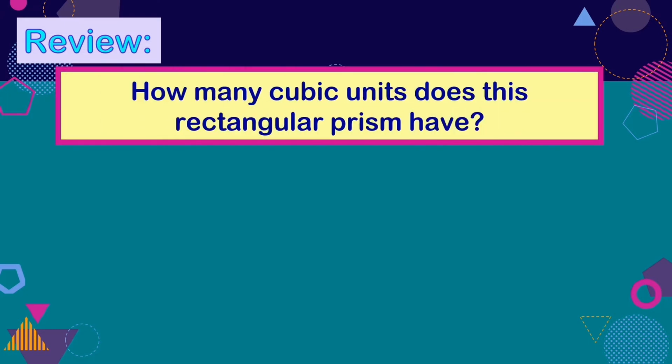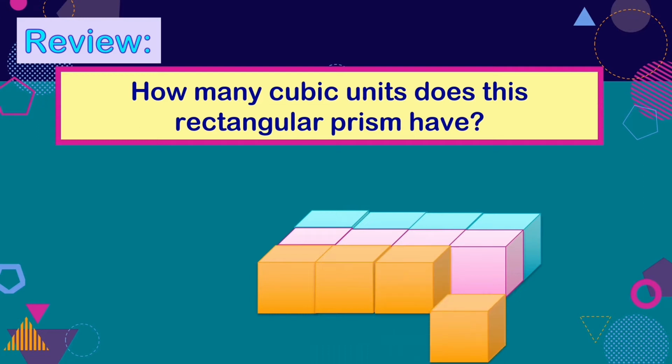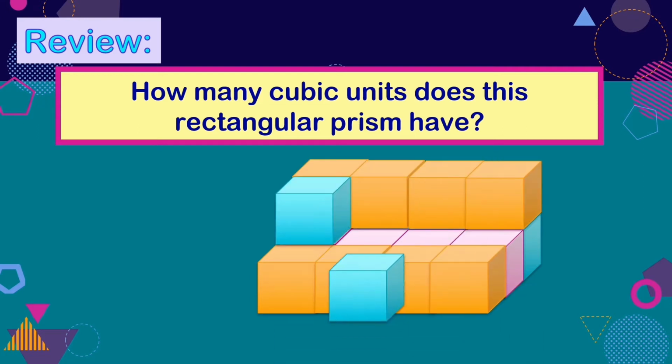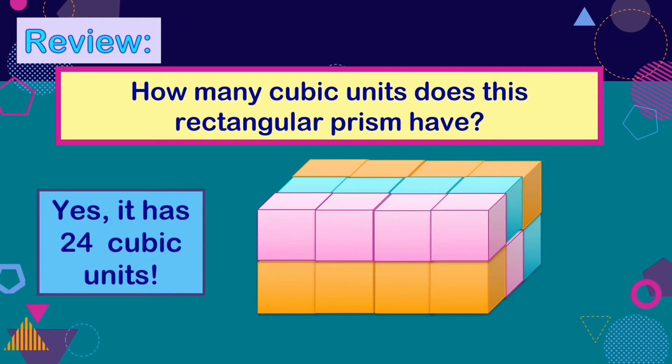Next, how many cubic units does this rectangular prism have? Yes, it has 24 cubic units because it has 4 rows of 3 columns with 2 layers.